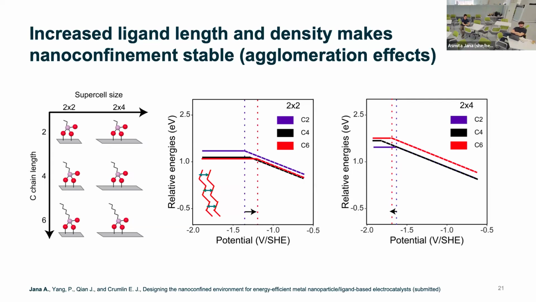Did you check that the bands of the silver by itself are stable with respect to increasing the supercell? Sorry, can you repeat your question? I'm saying like the band structure of the silver. No, I don't think I looked at the electronic effects as much. It was more structural. Do you have something specific you wanted to?